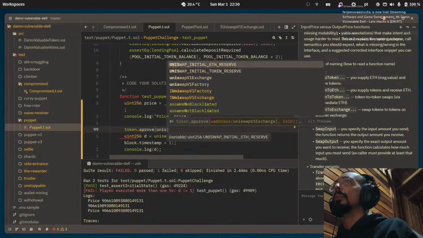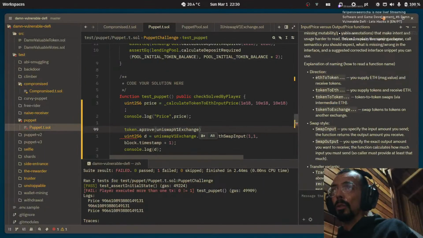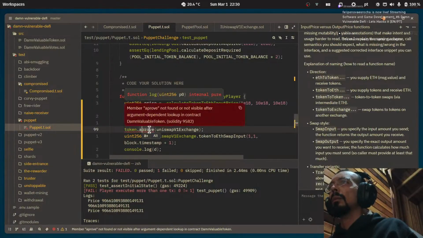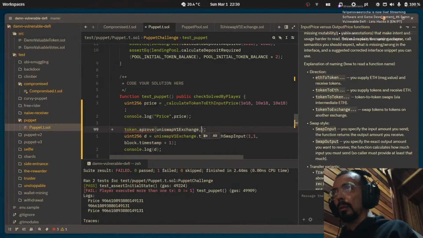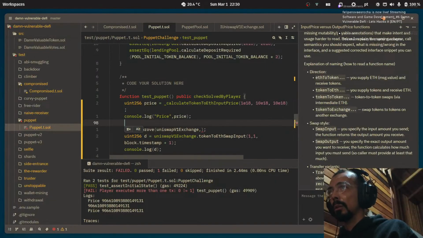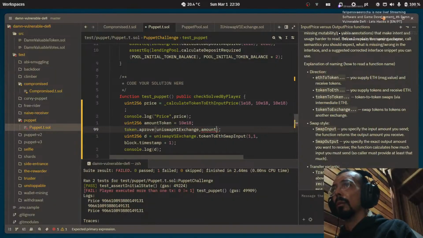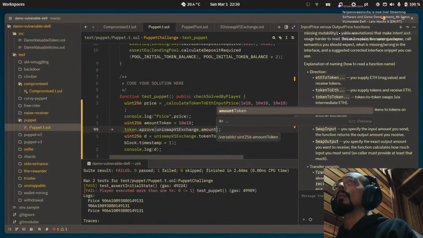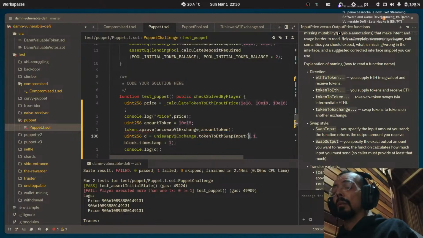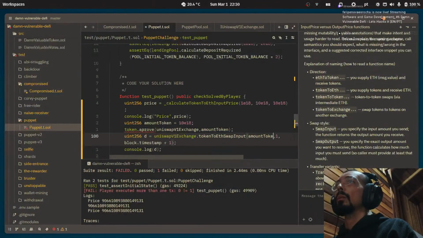We need swap exchange. Wait, I need the amount, right? The amount I want is gonna be amounts token. Let's go 10. Have 1000. Amounts token.